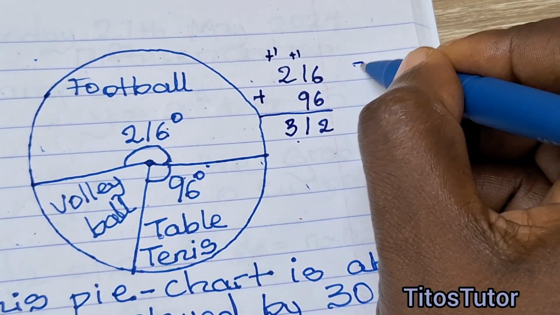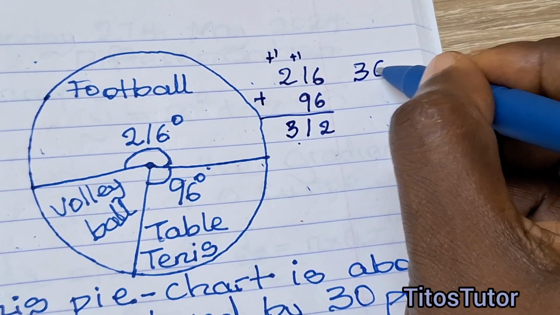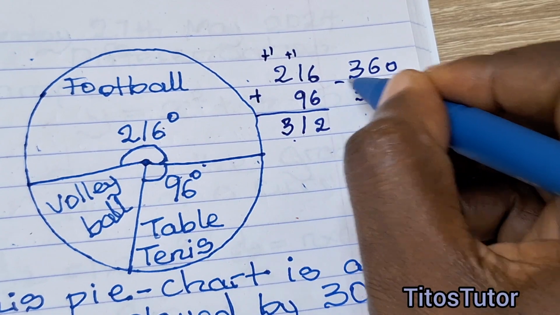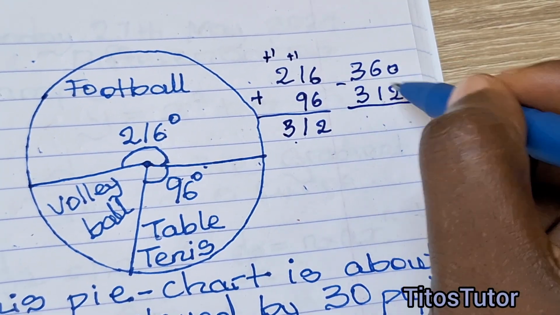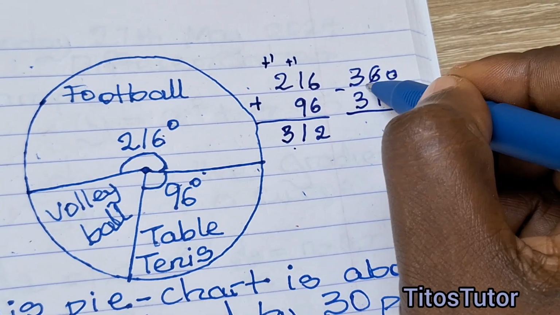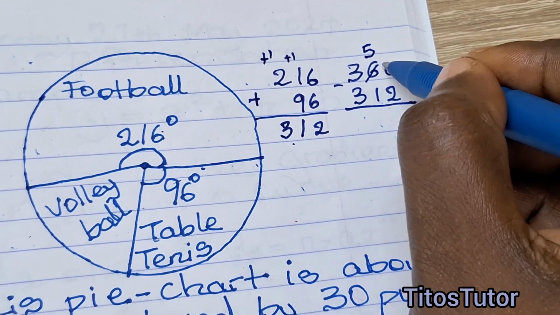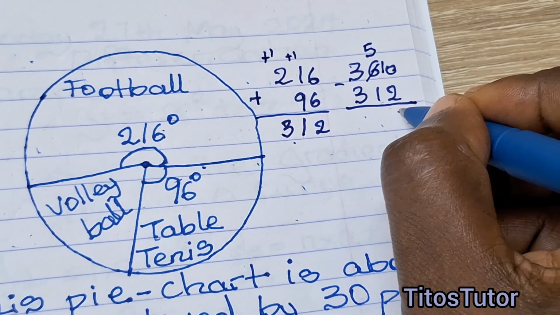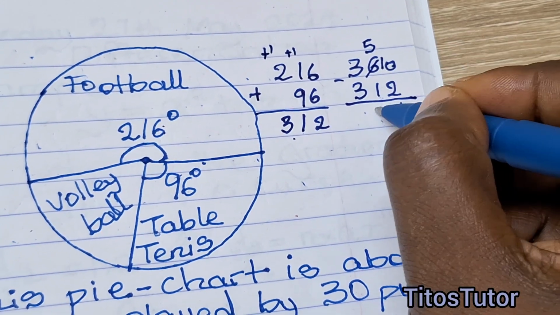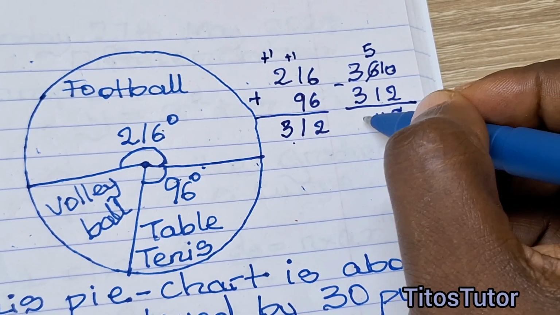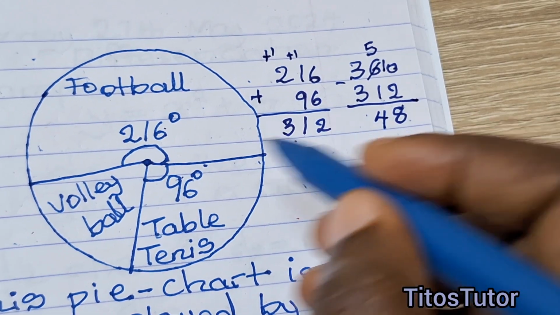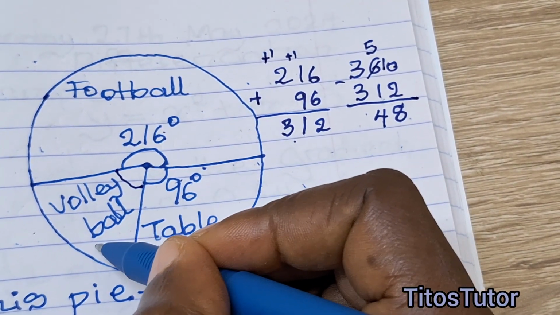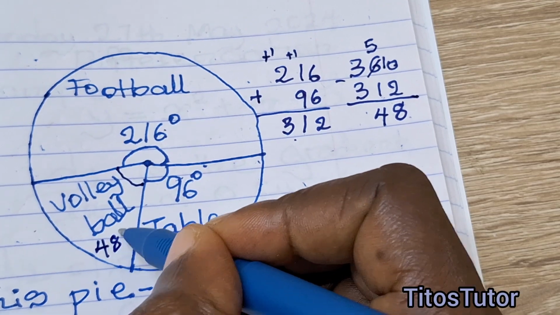I'm going to subtract that from 360. 0 minus 2 is not possible. I borrow 1 from here. I'm left with 5. I put the 1 here. It becomes 10. 10 minus 2 is 8. 5 minus 1 is 4. 3 minus 3 is 0. So the volleyball is angled at 48 degrees.